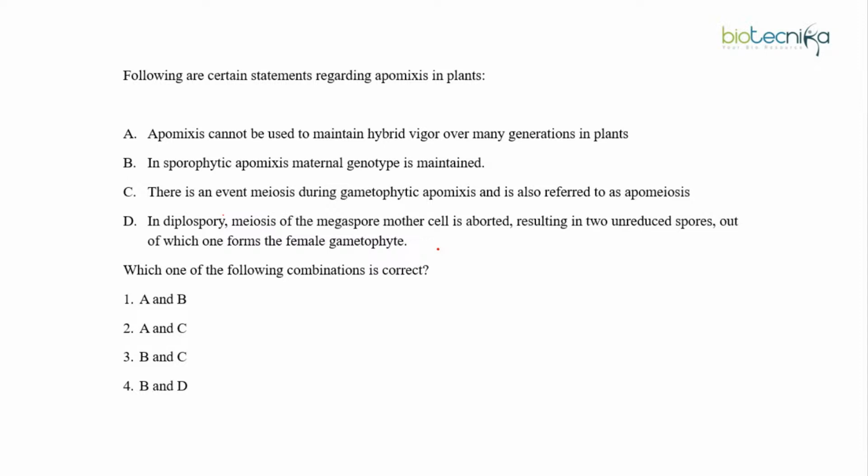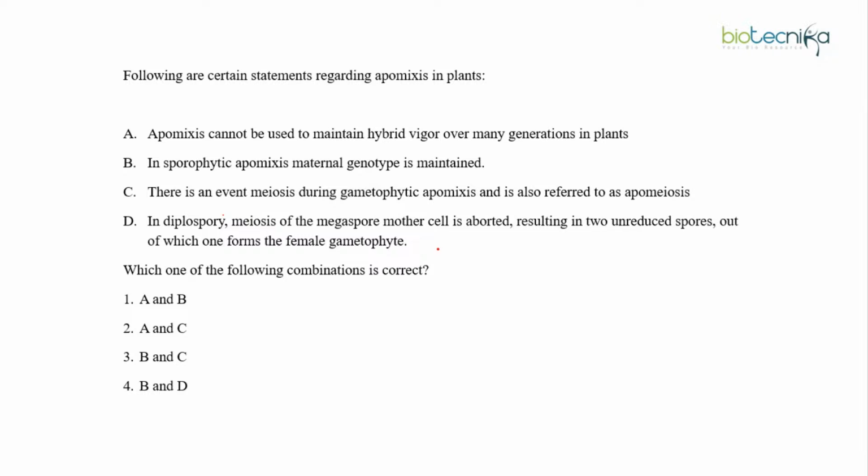So there are different types of apomixis, like diplospory, apospory, and you also have the adventitious embryo, right? So diplospory is the situation where your embryo sac is derived from the megaspore mother cell. Now you can derive that either by mitotic division or by interrupting the meiotic division.